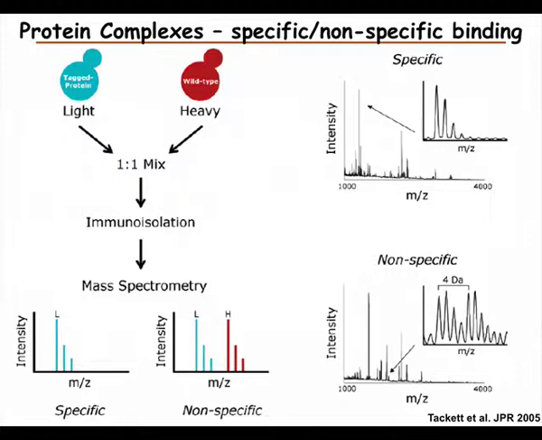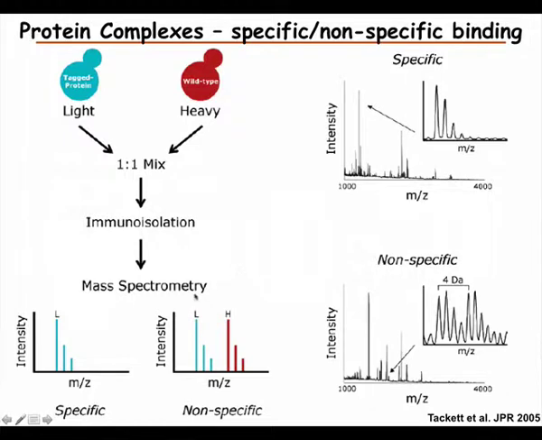In this case, we are growing our strain with a tag protein in light media, and we're growing the wild type in heavy media. Then we mix them together and do the immunoisolation together. When we do mass spectrometry, the ones that are specific we see as only the light peptide, and the non-specific ones we see both heavy and light, roughly the same amount.